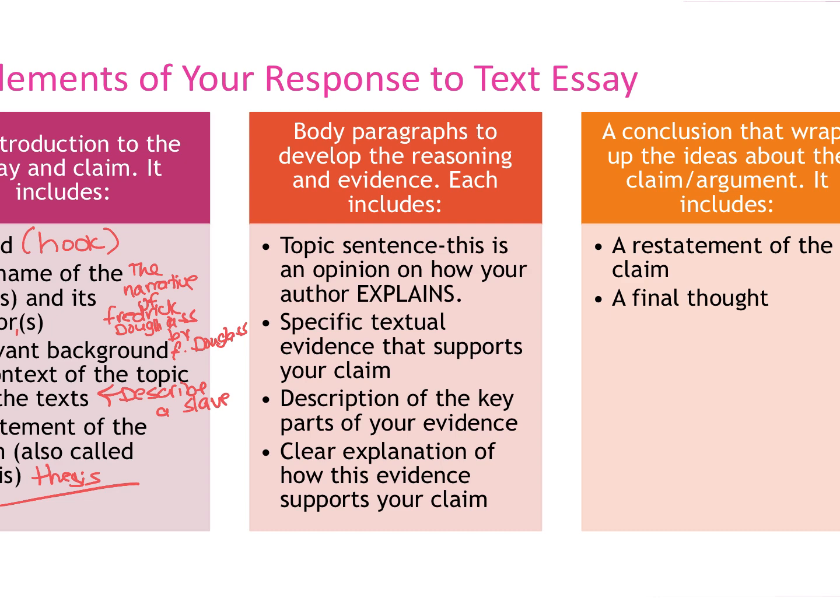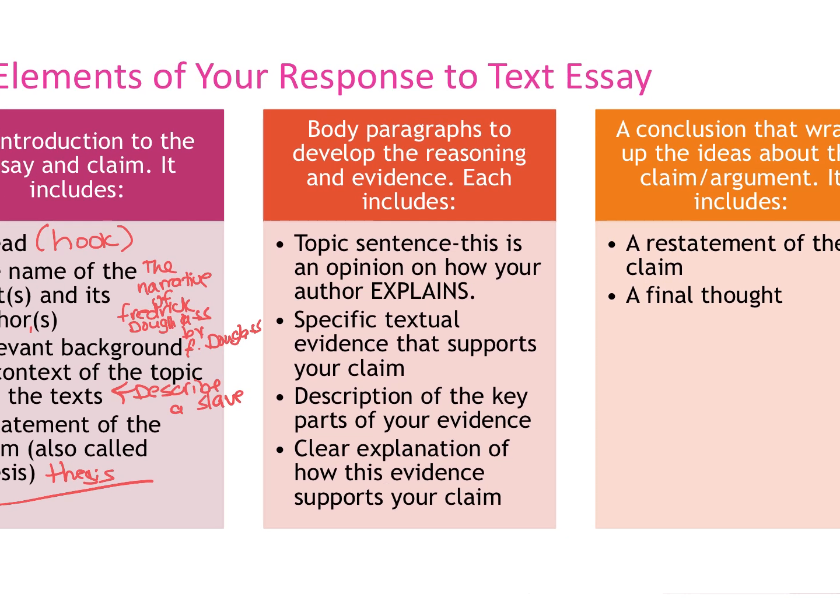How do you do your body paragraphs? You have to have your topic sentence, which we just looked at, on how the author explains his method. I've given you the words that you want to use there. Your specific textual evidence, we found that yesterday, it's on that handout.